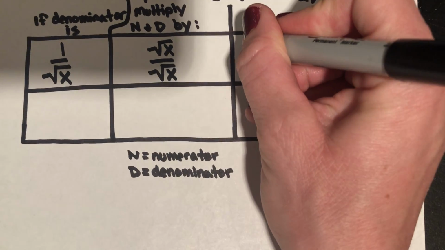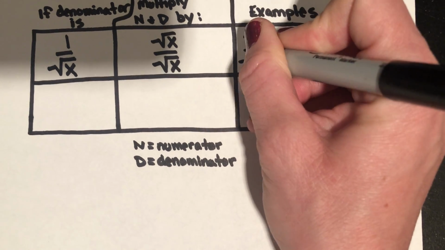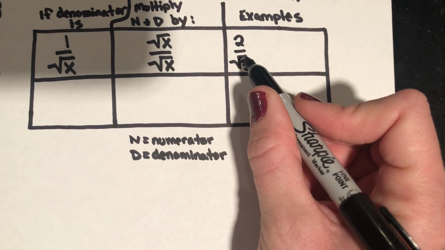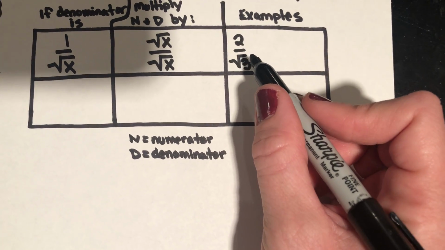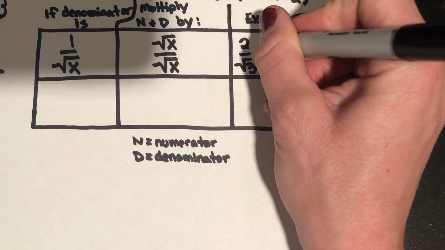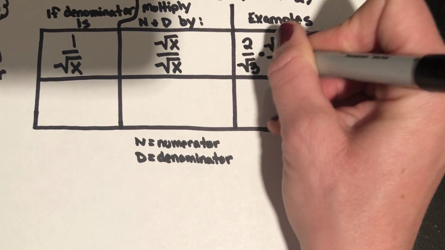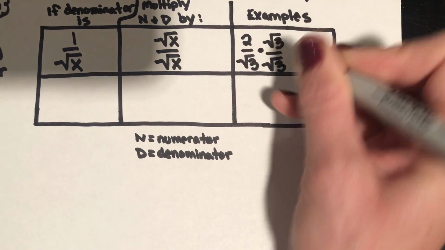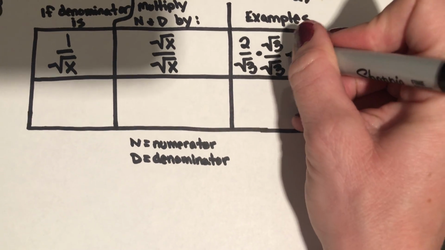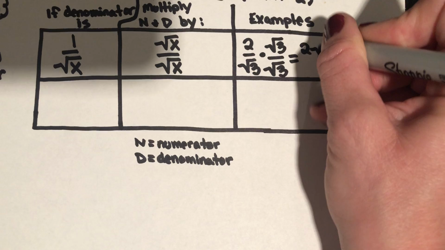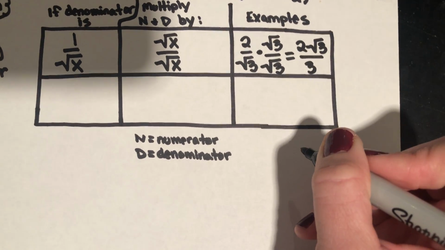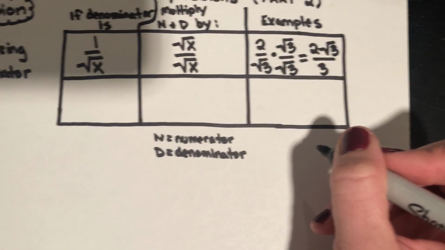Our example here, if we have 2 divided by root 3, we cannot leave a radical in the denominator. So it's a big no-no. We're going to multiply that by root 3 over root 3. That is going to get us to 2 root 3 divided by 3. And that is our final answer.